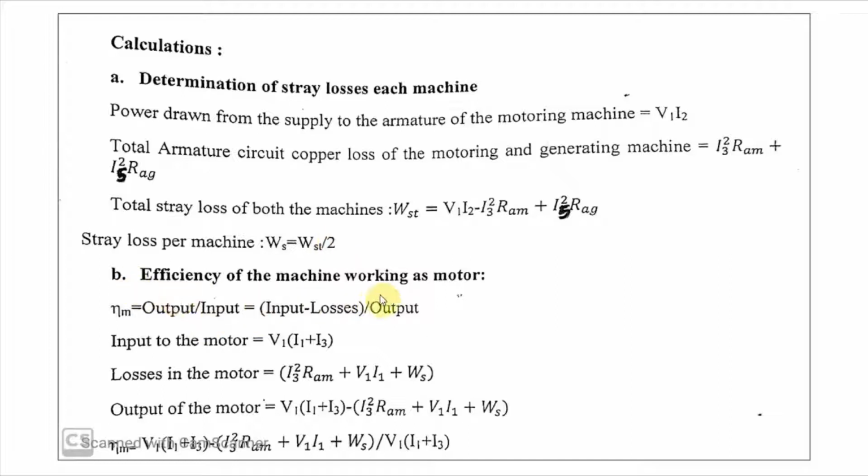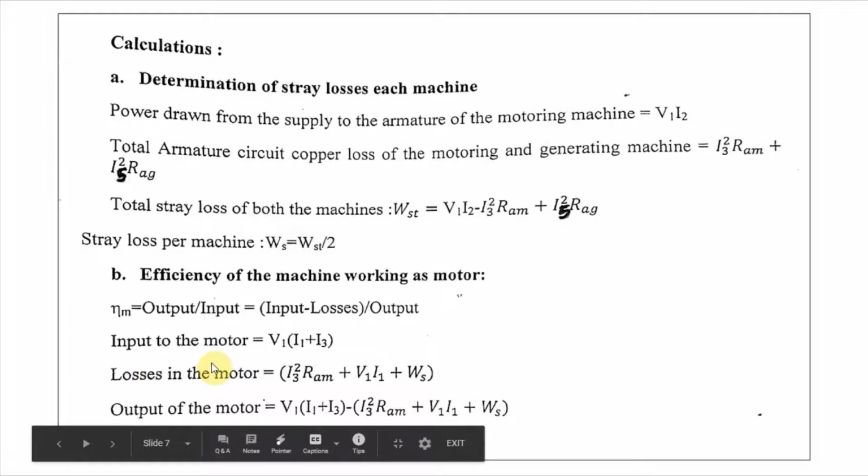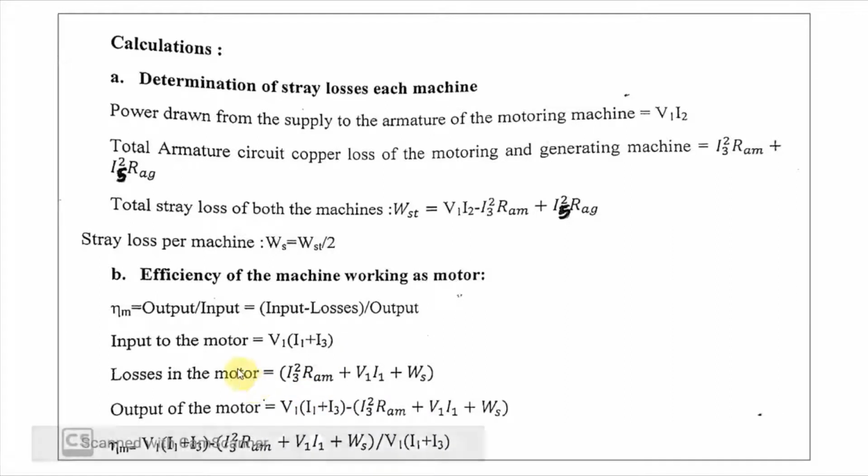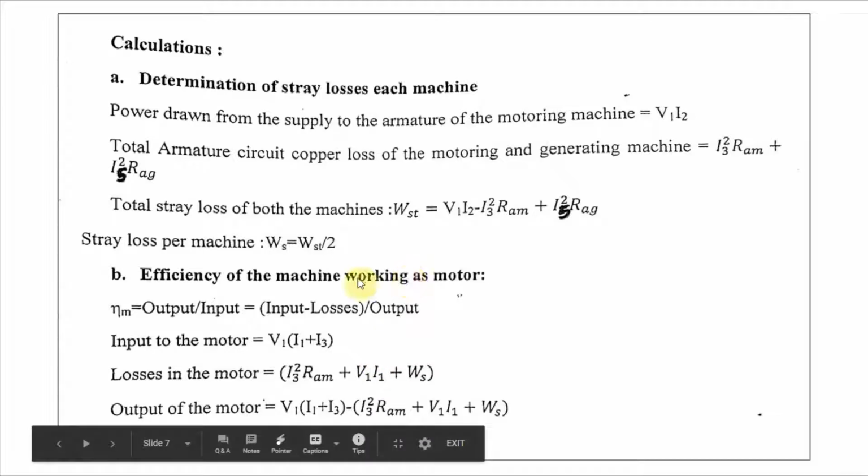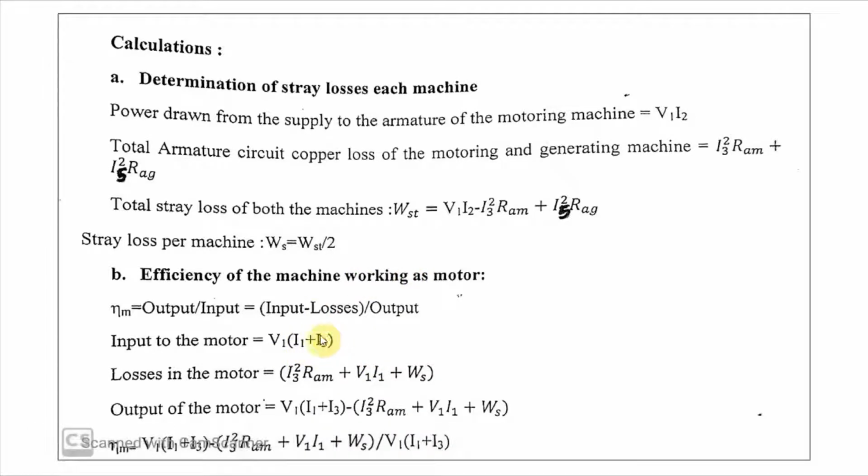Now to calculate the efficiency of the machine working as motor. When we are calculating efficiency of the motor, we take input minus losses divided by input. Input to the motor is V1 into I1 plus I3, where I1 is the field current and I3 is the armature current. So it includes both the field input as well as the armature circuit input.